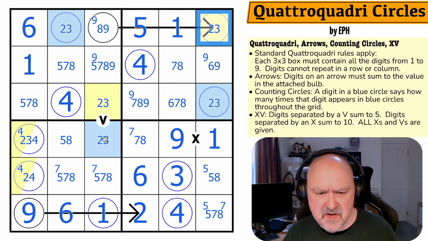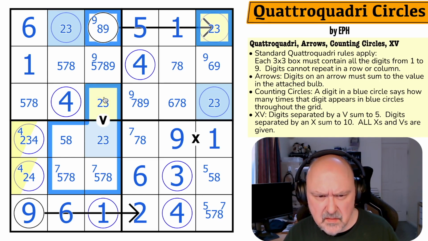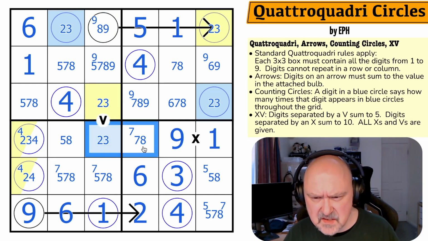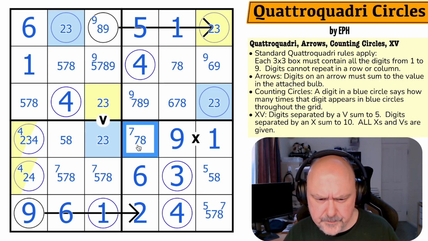Because if this is 3, this becomes 2, this becomes 8, this becomes 9, 5, 7, 3. I can't follow it. If this is 3, this is 8. So hang on, if this is 2, this is 3.